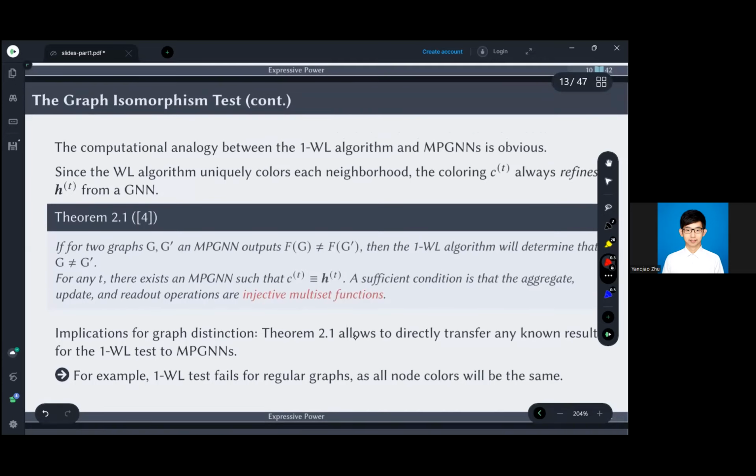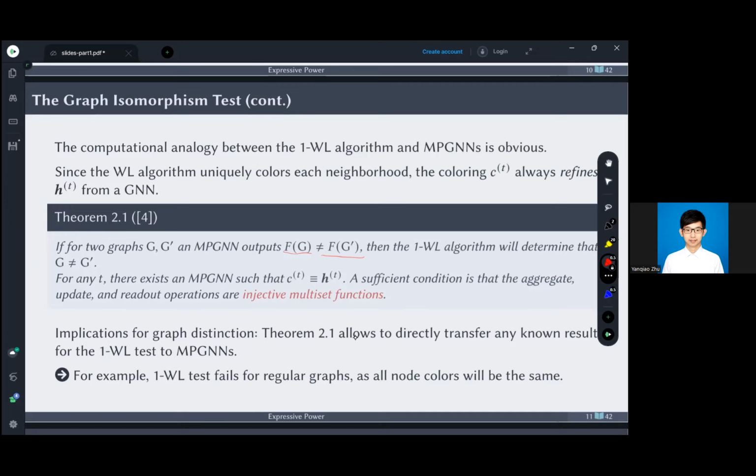Because of this analogy, since the Weisfeiler-Lehman algorithm uniquely colors each neighborhood, we say that the coloring always refines the representation from a graph neural network model, and we obtain the following theorem. The theorem simply says that if we can determine from the output of a graph neural network model that f(G) is not equal to f(G prime), then the one-dimensional Weisfeiler-Lehman algorithm will also determine that G is not isomorphic to G prime.